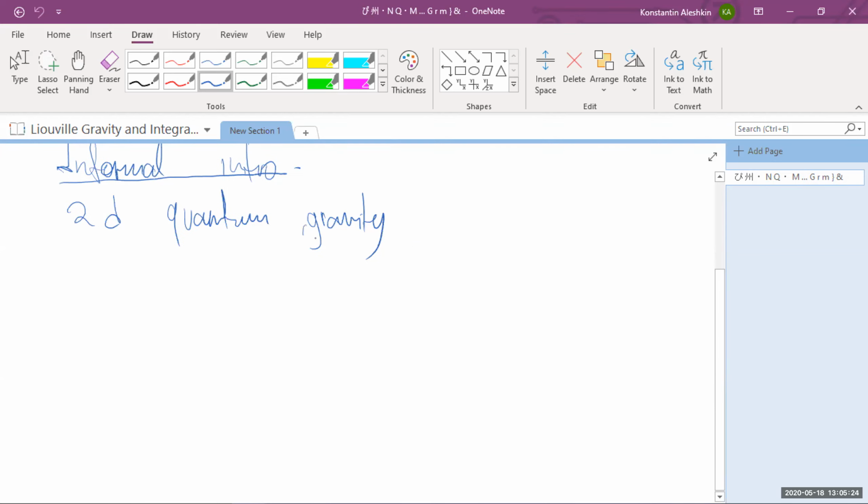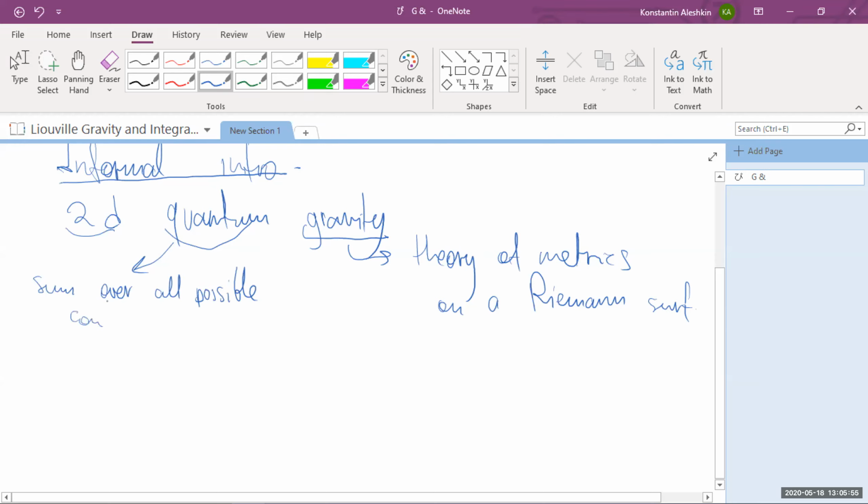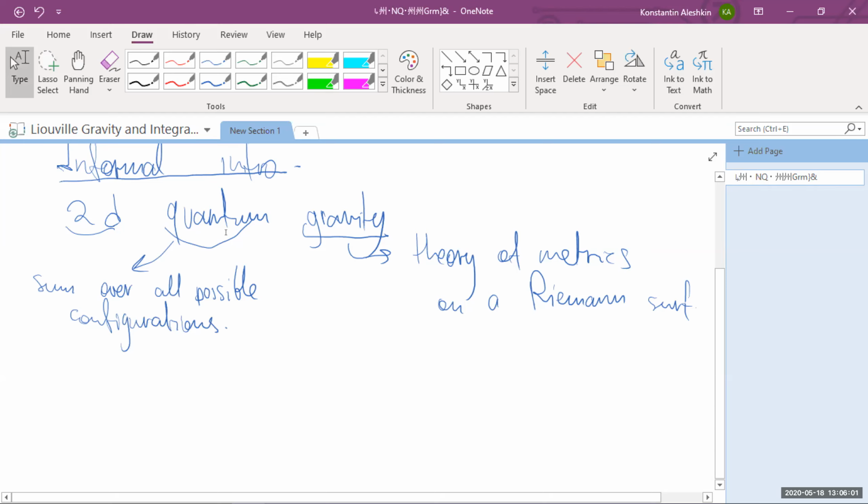Well, 2D gravity is a theory of metrics on a Riemann surface, and quantum means that we sum over all possible configurations. And I know three main approaches to realizing this physical idea of summing over all possible configurations.